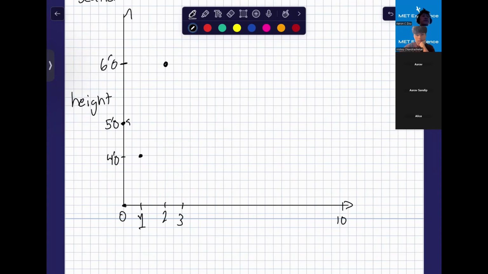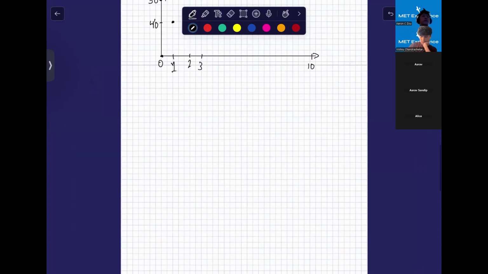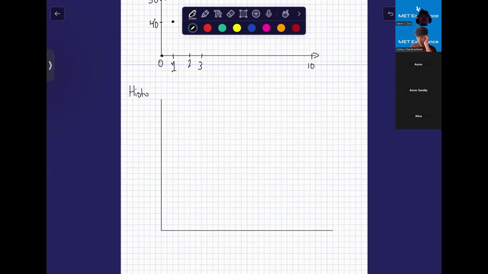And then moving on, a histogram. This is similar to, as you should be familiar with, a bar graph. So it's the same graph format, x and y axis. But instead of dots, let's use the same analogy, height and years.